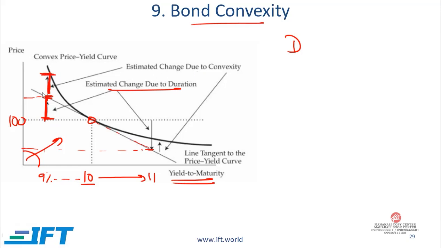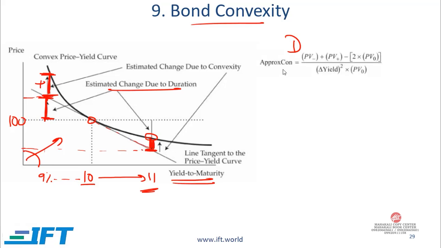This distance is called the convexity adjustment. It is a number that we add on to the answer that we get using duration. What if interest rates go up to 11%? Then according to the duration measure, the bond price will be here, but then we add this amount, which is the convexity adjustment, to get closer to the actual bond price.